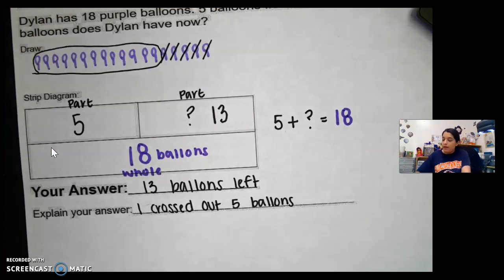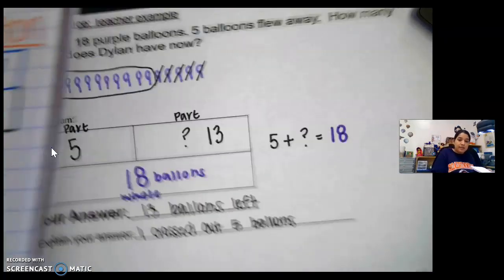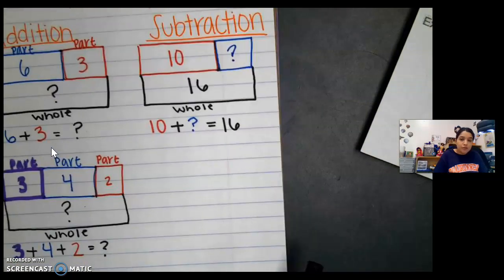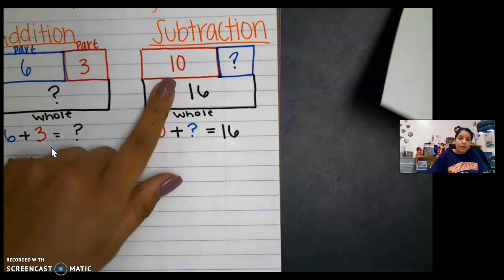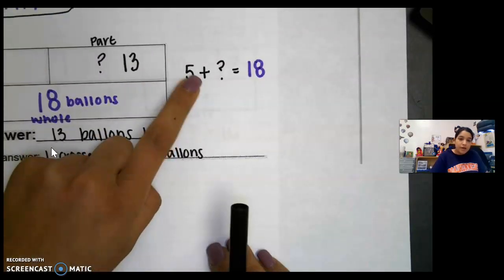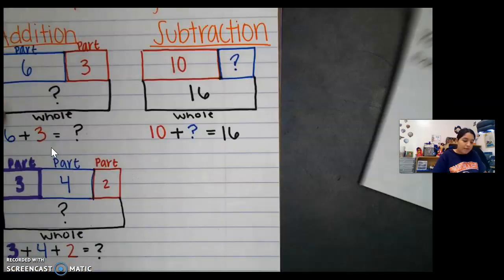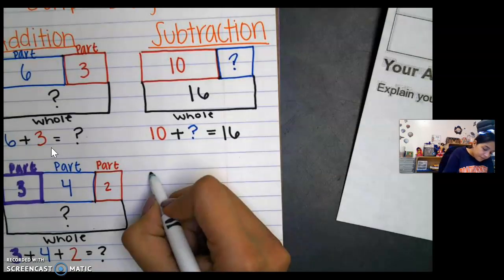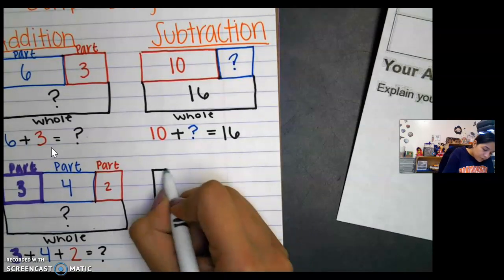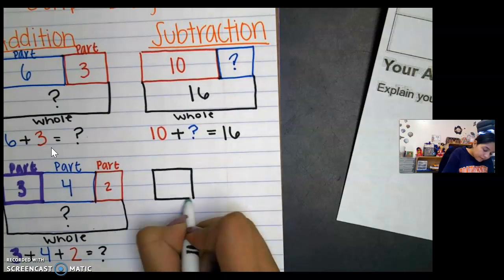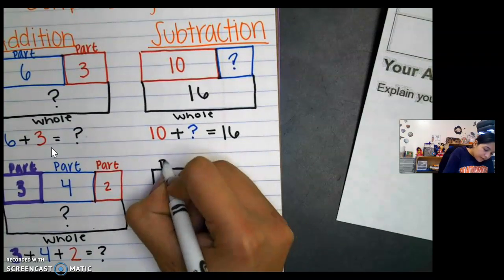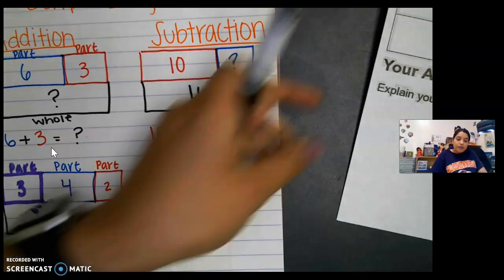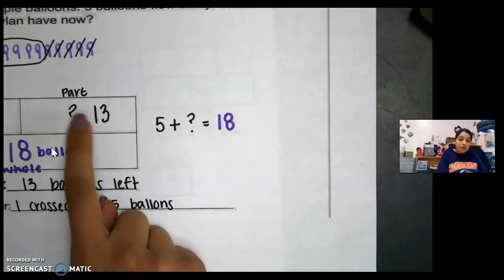So let's go ahead and add this problem to our anchor chart. Right here we have subtraction. What number did we know? We knew 5. 5 balloons. We had 5 balloons, and that was one of our parts. But we didn't know our other part.